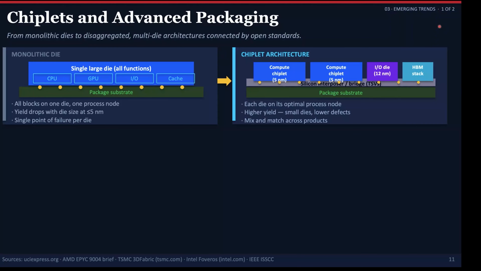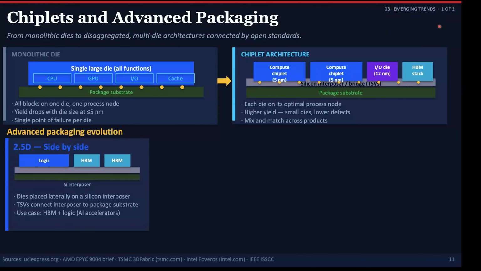These chiplets are then connected together inside one package. The advantage is more flexibility, better reuse across different products, and often better manufacturing economics when compared with the large monolithic die. Now, in the bottom left, you can see 2.5D packaging.